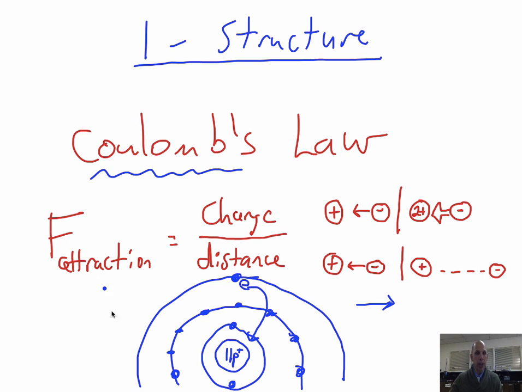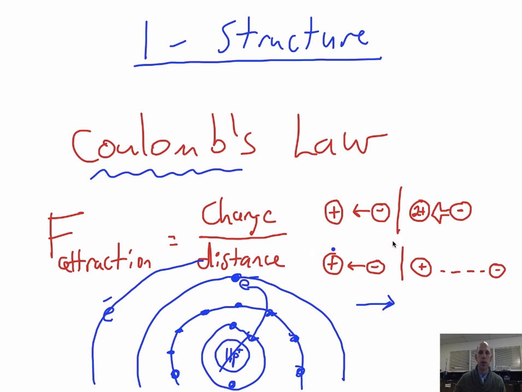Okay. Another way is to move down on the periodic table. By moving down on the periodic table, we put the electron out in a further energy level. Okay. In this case, although we are increasing the number of protons here, we're increasing the shielding, effectively increasing the distance from the nucleus.